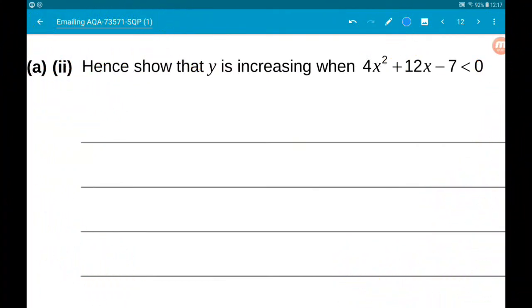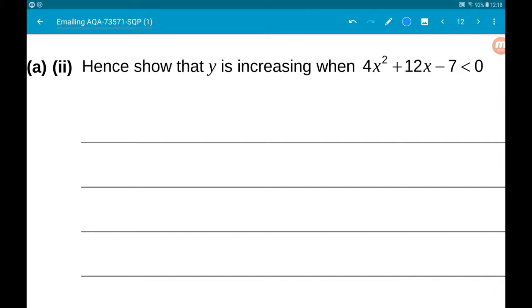Part 2 then says, hence show that y is increasing when 4x squared add 12x minus 7 is less than 0. Now this is 4 marks, so a lot more fun than part 1, which was only 2. So first of all, let's think about what makes y an increasing function.